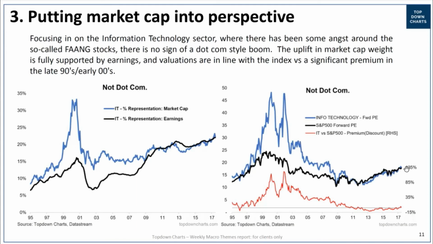And you can see that they're moving pretty much in sync lately, versus at the height of the dot-com boom, where there's a wide gap. So the red line shows the discount or premium between those two valuation ratios. You can see there that there was virtually 100% premium.